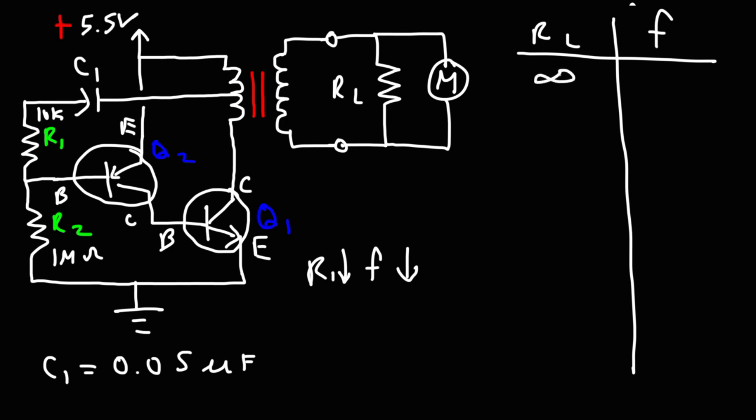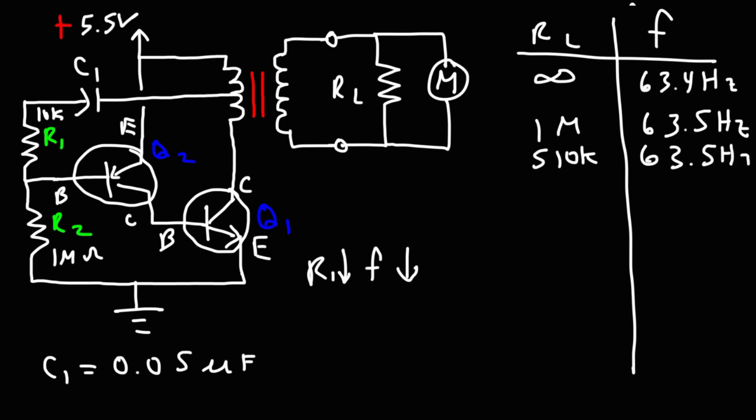When RL is infinity, that is, when there is no load resistor, the frequency was 63.4 hertz. When I use a 1 mega ohm load resistor, the frequency didn't really change much. It was 63.5 hertz. Dropping it down to 510 kilo ohms, it remained at 63.5 hertz. And using a 100 kilo ohm resistor, it increased to 63.7. So it's fairly stable when the load resistance draws a small amount of current from the transformer.